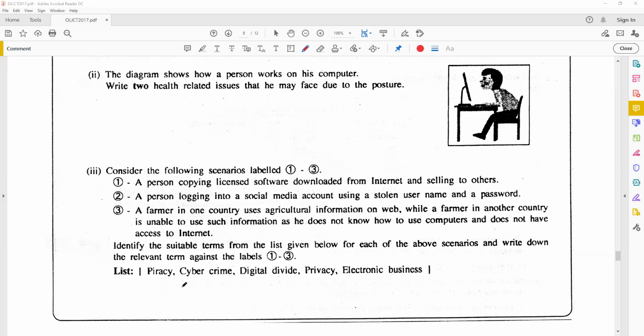Then the person logging into a social media account using a stolen username and password. So this is a crime, right? Cyber crime. According to our country's law now, it's a punishable offense. So make sure that you don't do this. Then the third one is, some of you learn how to use ICT technologies in day-to-day life, whereas others don't have the opportunity, right?